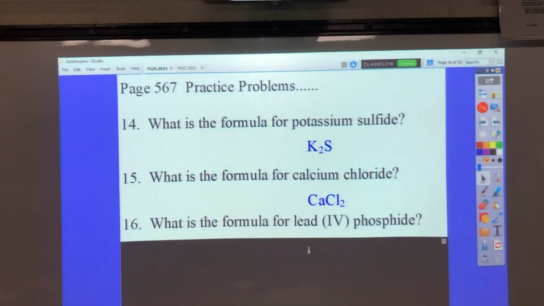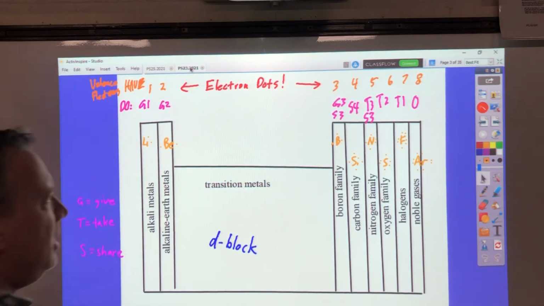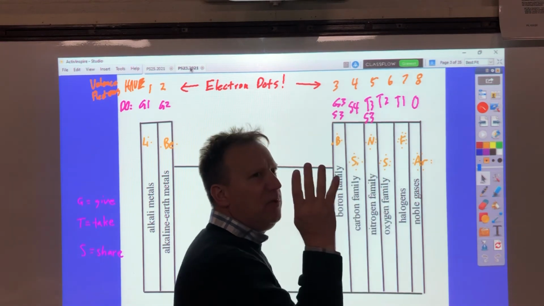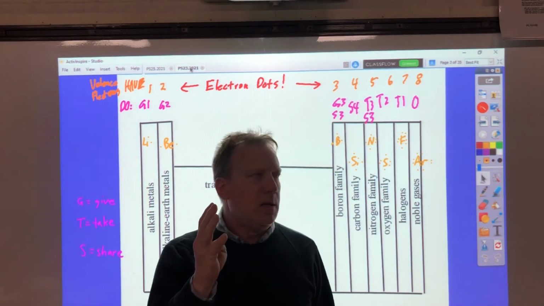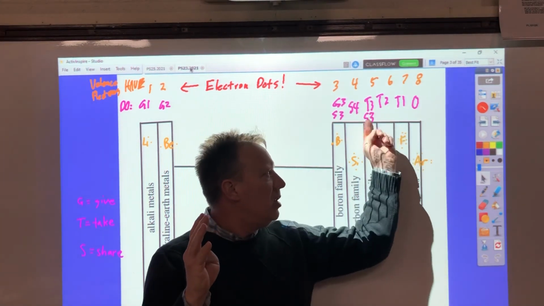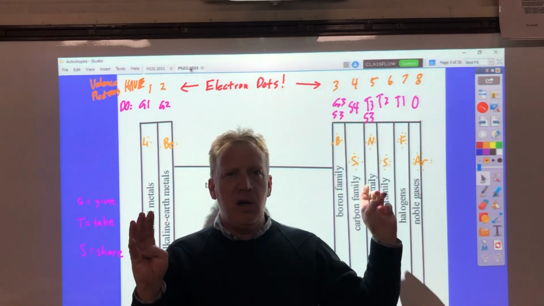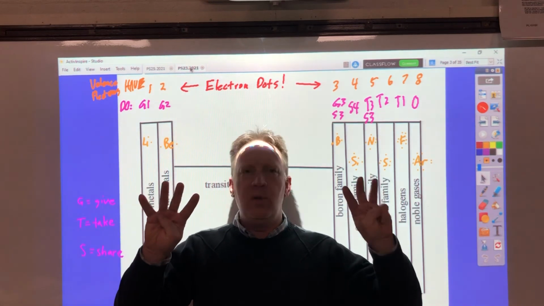And then, how do you make the formula for lead phosphide? Okay, lead(IV) phosphide. Lead is down at the bottom of the carbon family. Its oxidation number is +4. It doesn't have to be, but it is. Phosphorus is under the nitrogen atom, its oxidation number is 3-, so it's taking 3. Giving 4, taking 3.